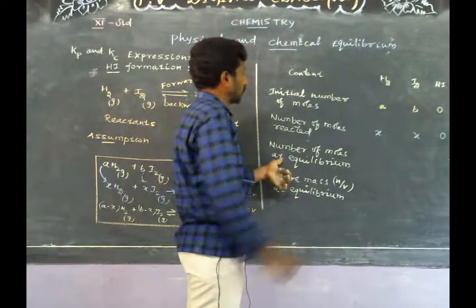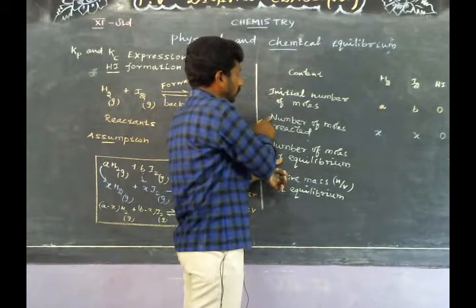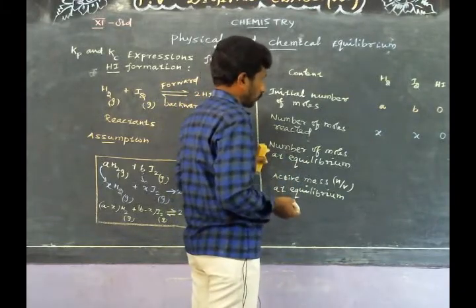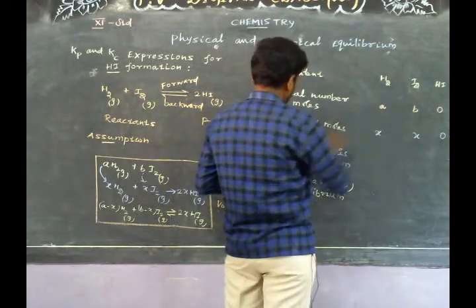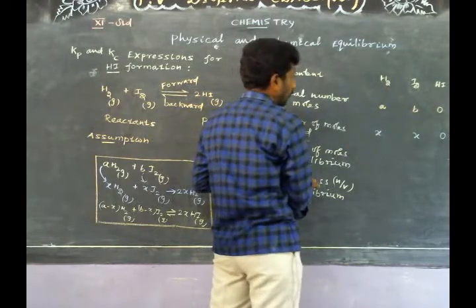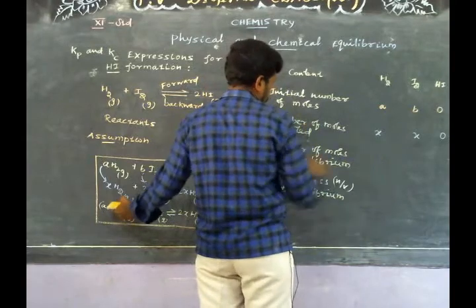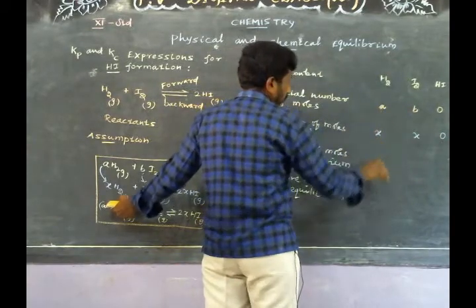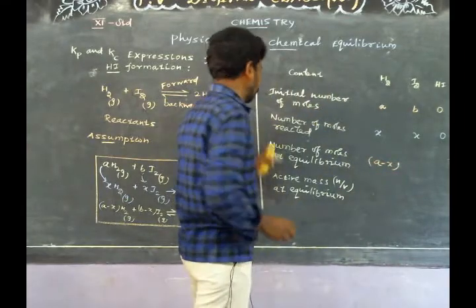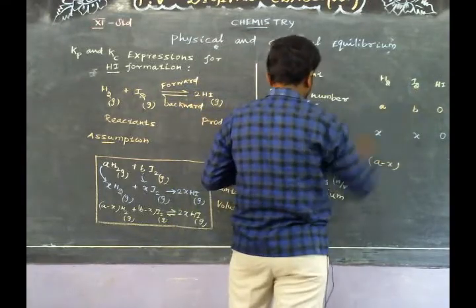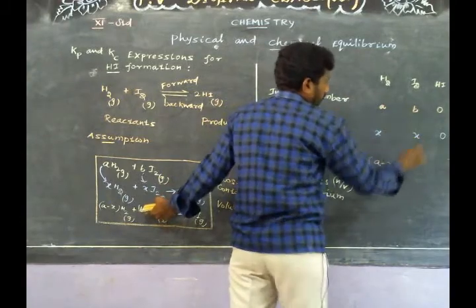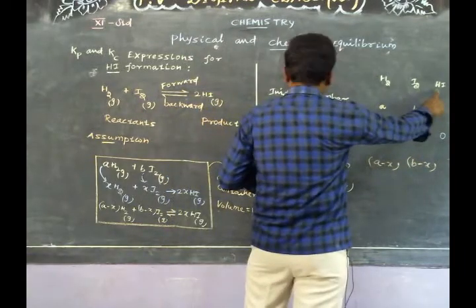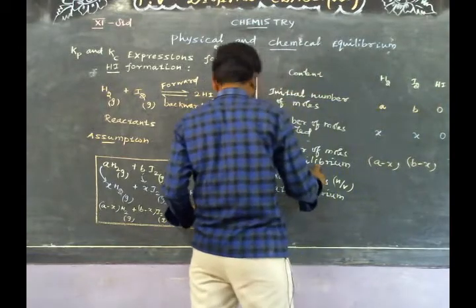Therefore, number of moles of hydrogen gas at equilibrium is equal to A minus X. Then number of moles of iodine gas at equilibrium is equal to B minus X. Then number of moles of hydrogen iodide gas at equilibrium is 2x.